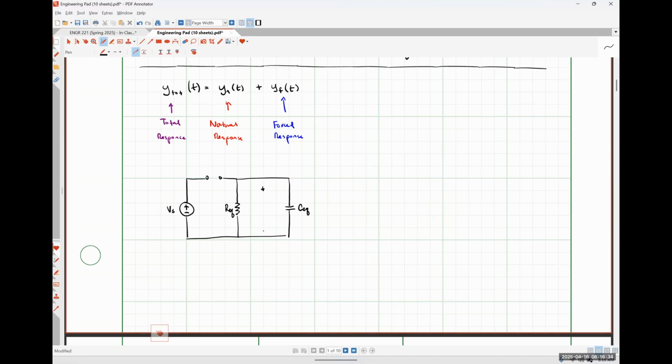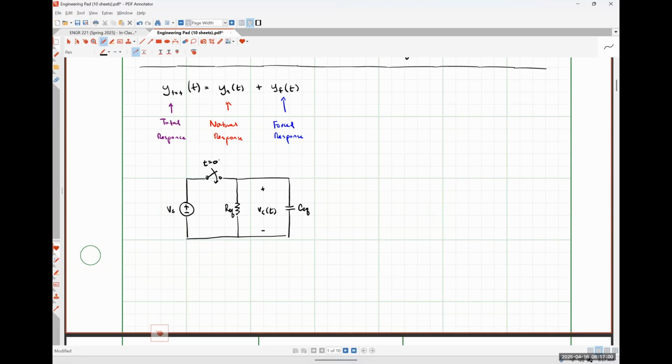And this is my voltage VC as a function of time, okay? So in all of the examples that we worked on Monday, our switch operated in such a way as to take our source out of the system, okay? Well, today we're going to be talking about what happens when our switch works to leave a source connected, okay?